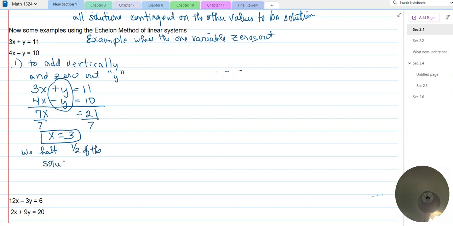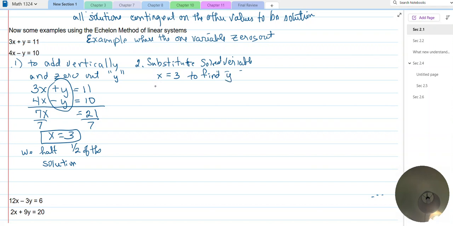All right. So now remember, we're going to substitute the solved variable x equals 3, if my math holds out, to find y. So here we go.